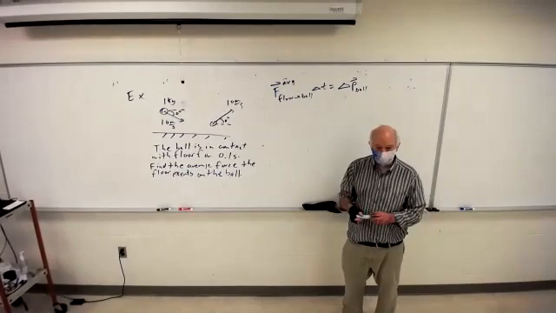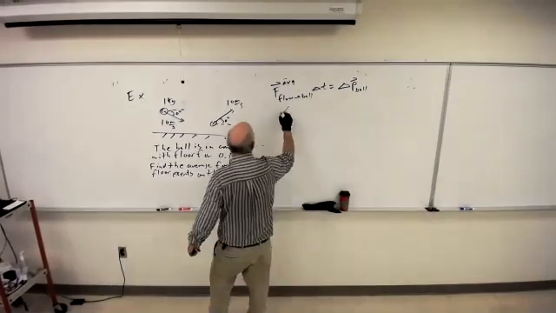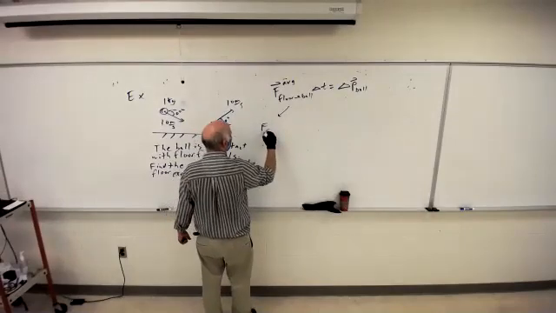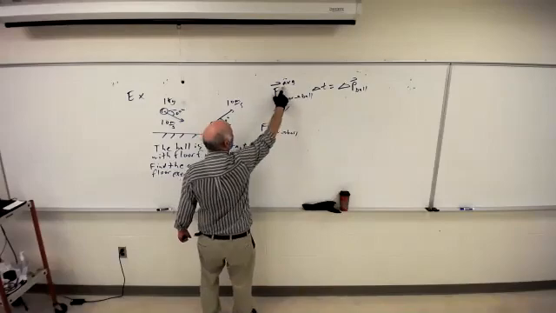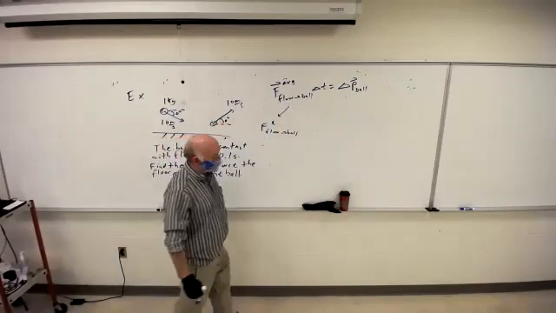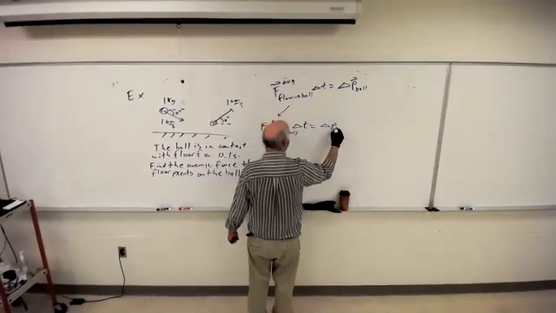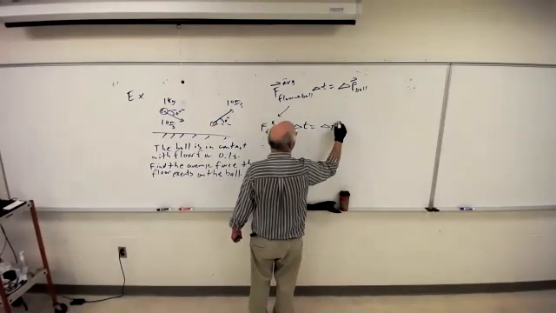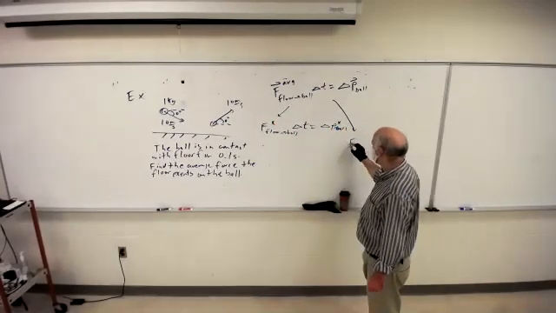So what can you do with it? Break it into components. I'm going to stop writing the word average because I'm just tired of writing it. And the same thing then for the y.